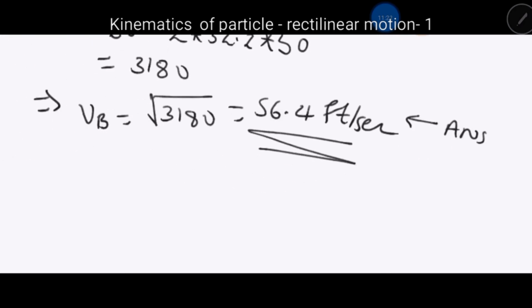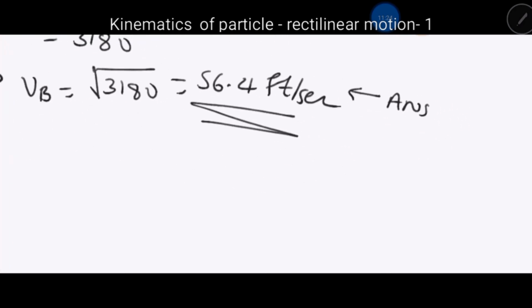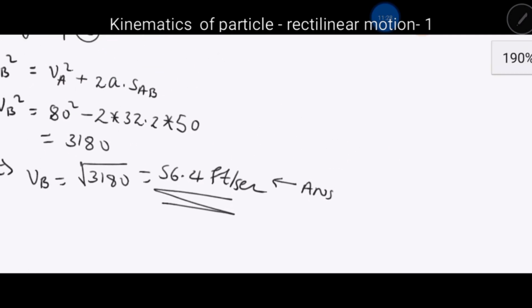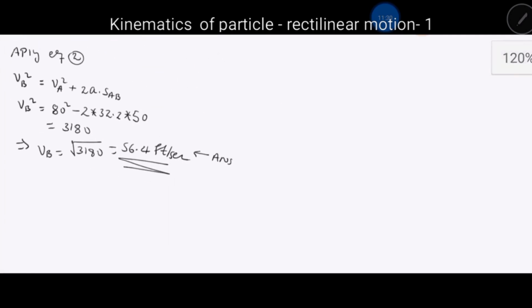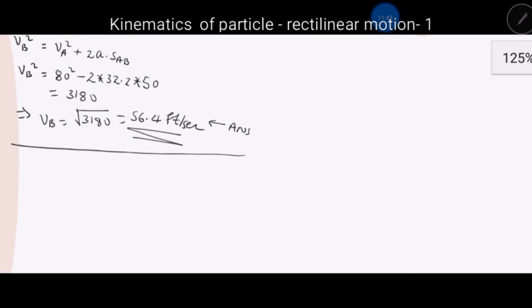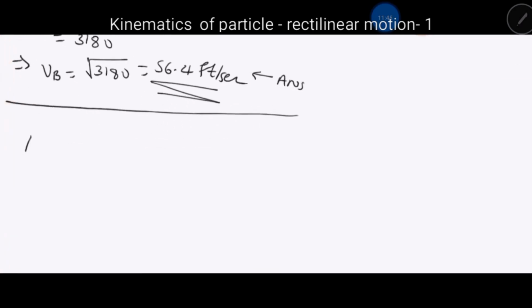And now for the last question, that means for calculating the time taken from position A up to position B, that means it should pass through position C too. Then we can apply equation 3, because it can relate displacement, acceleration, and time simultaneously.